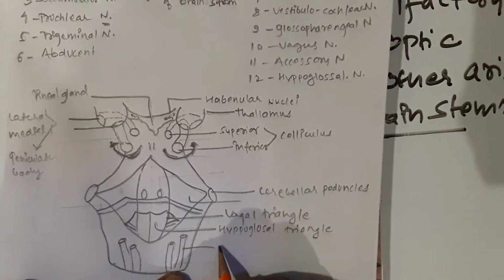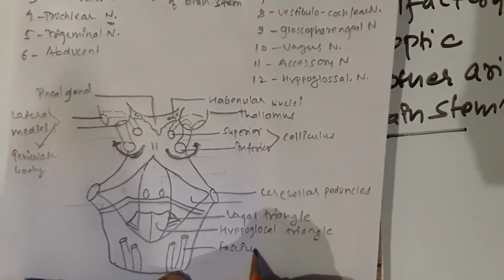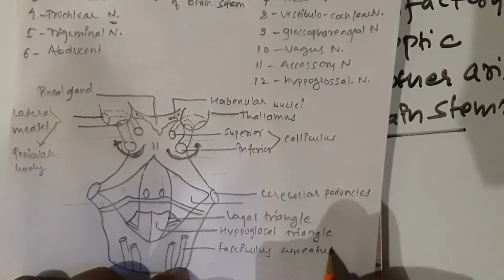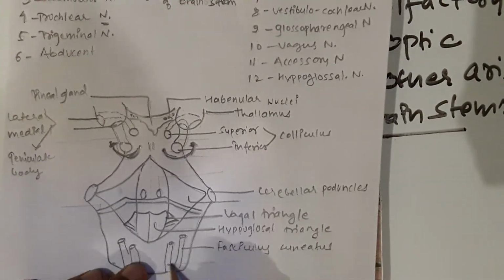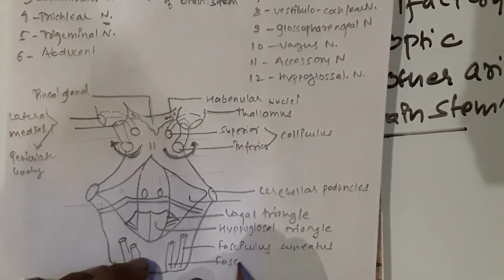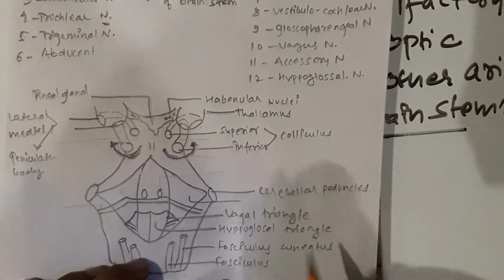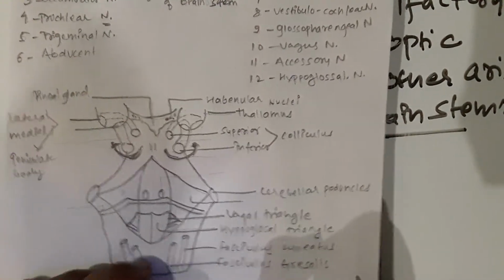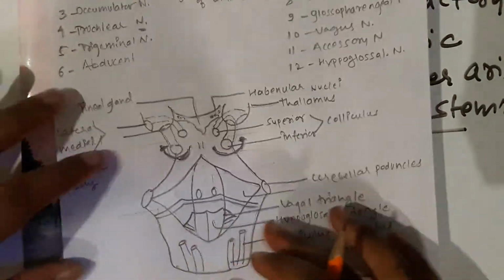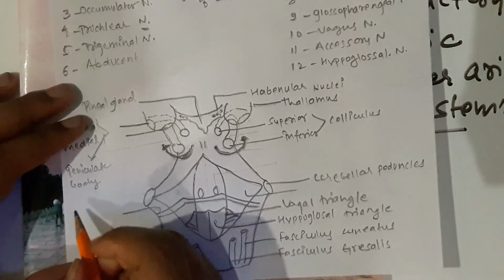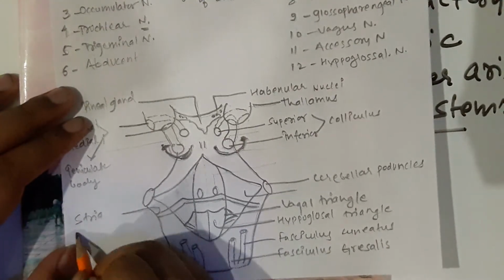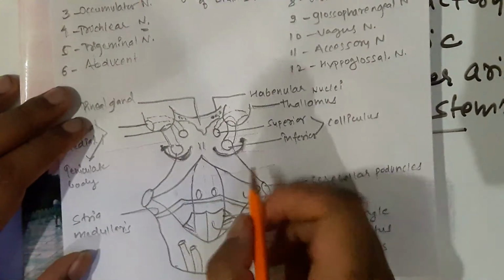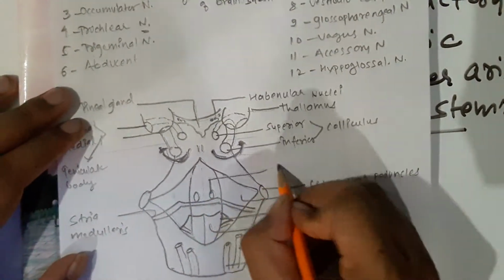This is the fasciculus cuneatus, and this is the fasciculus gracilis. The medial one is the fasciculus gracilis. And this is the stria medullaris, and this is the facial colliculus.